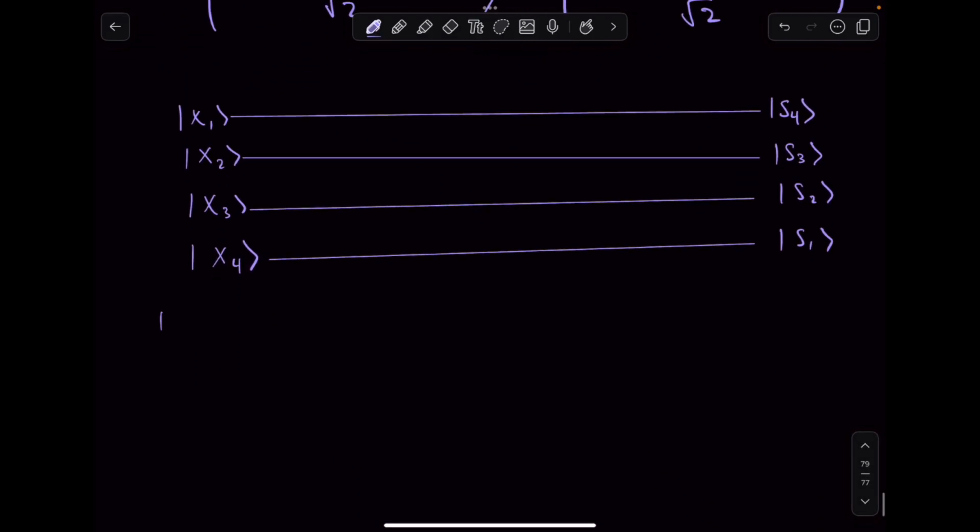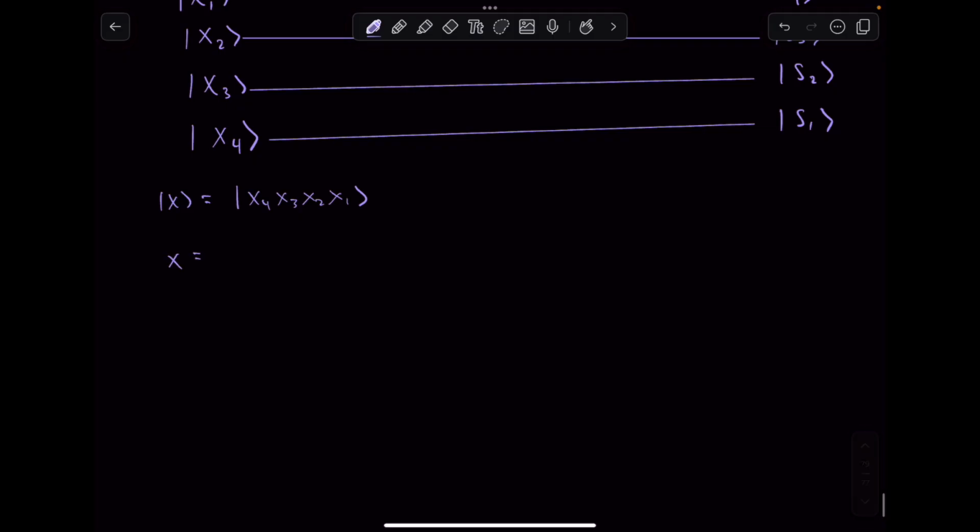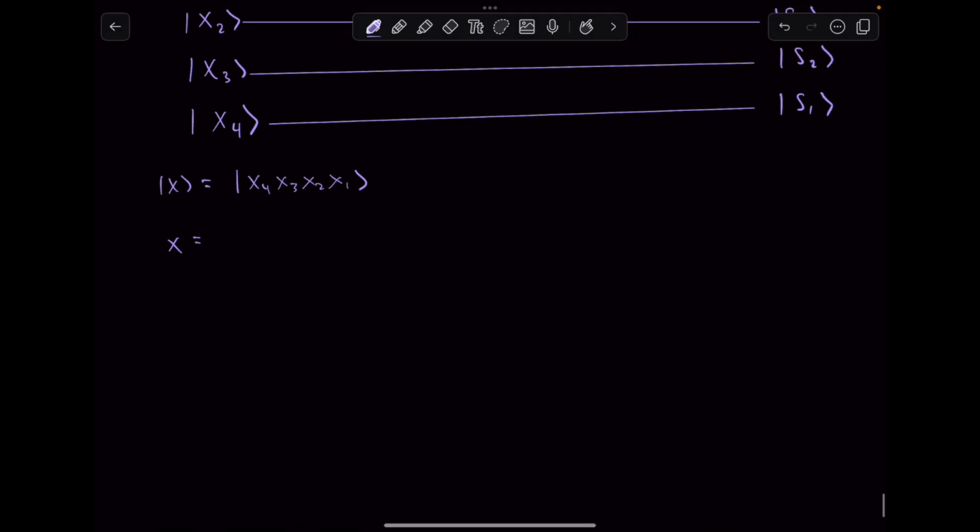So we know X is just X4, X3, X2, X1. And the actual value of X, expanding the binary notation, is 8 times X4 plus 4X3 plus 2X2 plus X1.